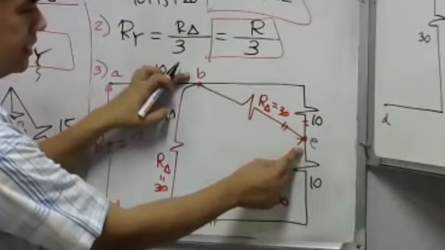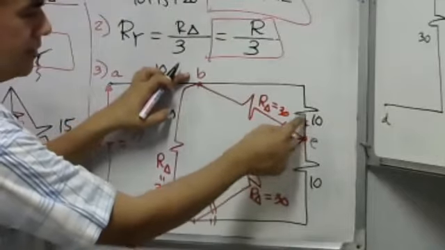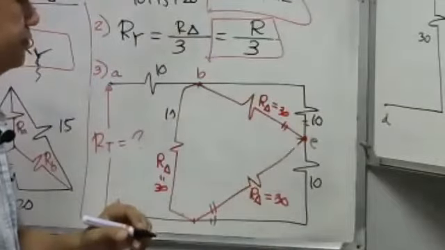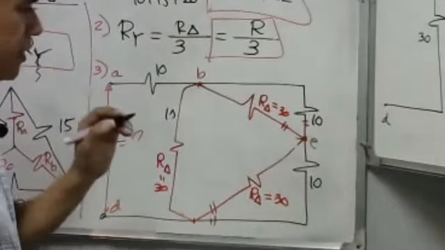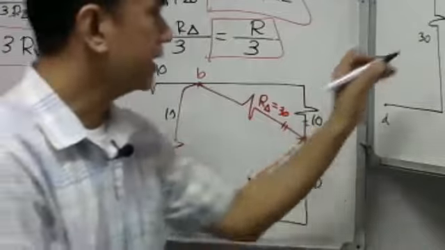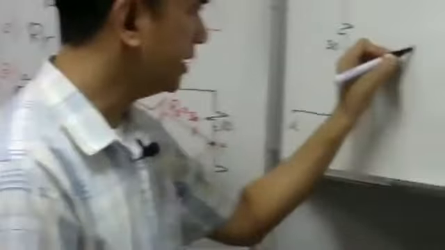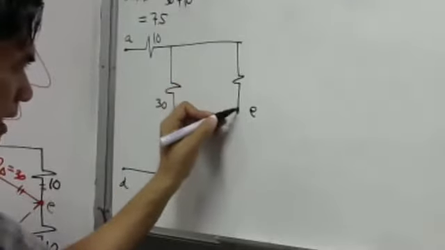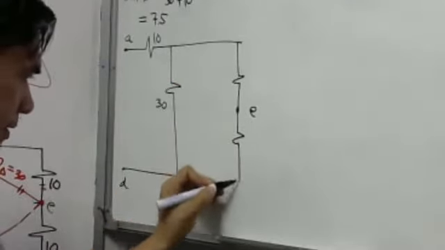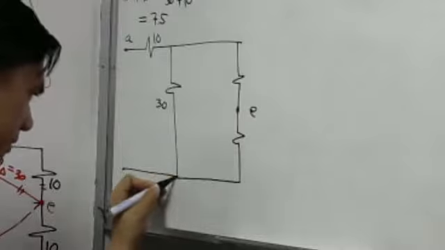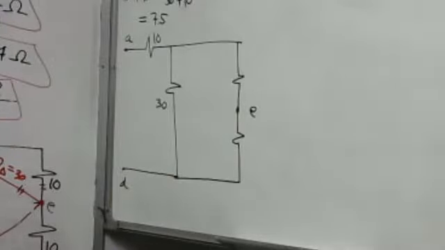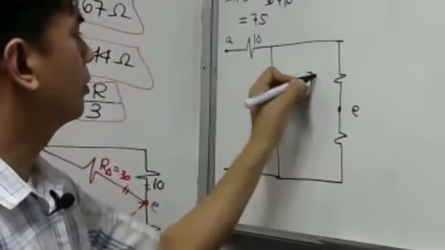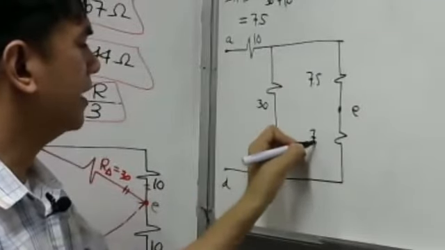B to E, we have the equivalent of 10 and 30, which is 7.5. So, this is our E. I will put a resistor here and another resistor here. Therefore, we have here 7.5 ohms and another 7.5 ohms here.